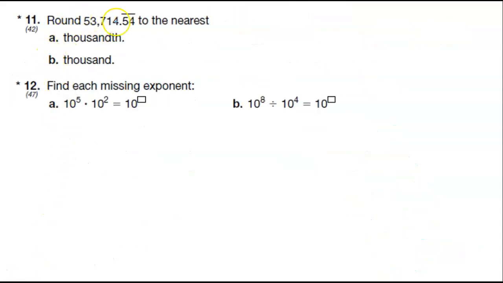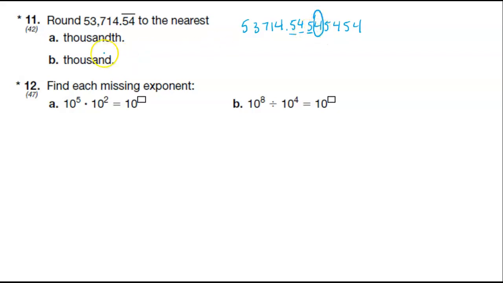Okay, round this to the nearest thousandth and thousand. So let's see, we have 53,714.5454545454, and this is thousandths. So this is tenths, hundredths, thousandths. I'm looking at this.